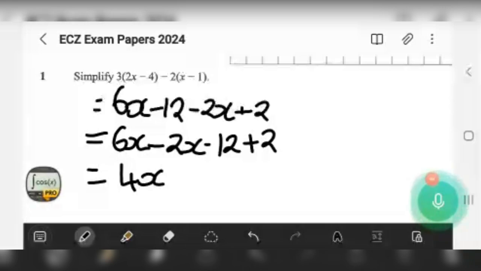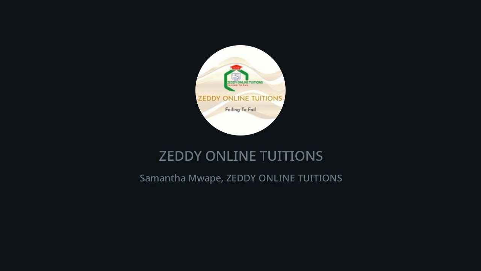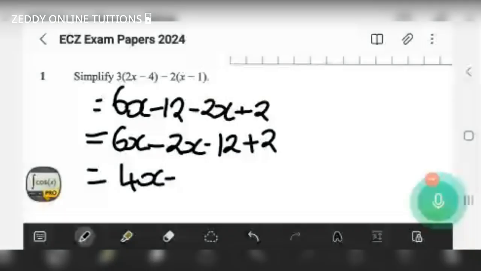All right. So negative 12 plus 2. What is the answer? Negative 10. Yeah, so that rule has worked. Different signs, you subtract and get the sign from the bigger number. So negative 10. So what's next? Can this be factorized further?